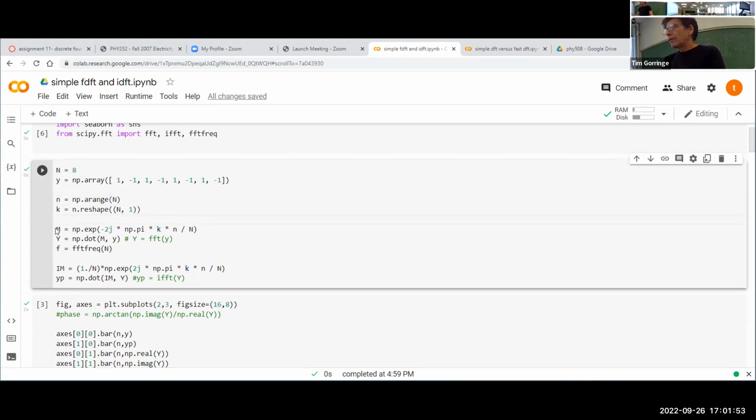Okay, then I'm going to use those to actually compute the matrix. This is where Python's kind of nice: it's just this one line here to compute a matrix.